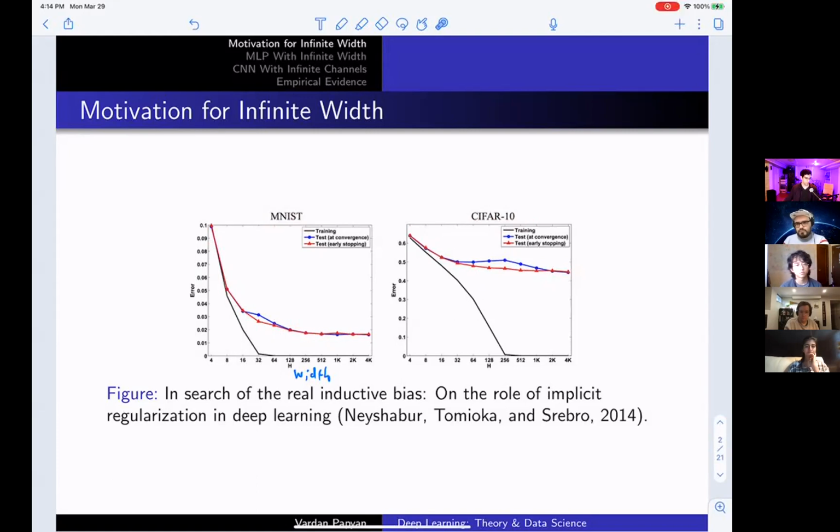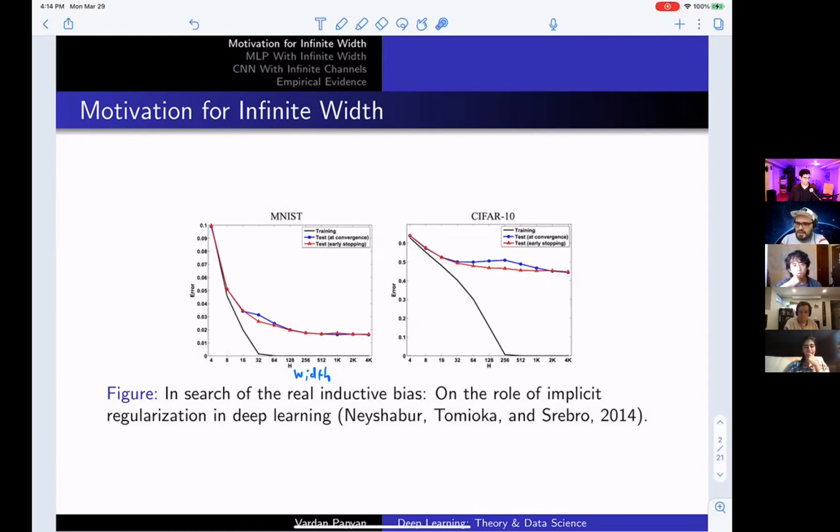Does anyone know what the significance is? Overparameterization and overfitting. Yeah, Nia is correct. So basically the significance is that overparameterization and overfitting are improving the test error.